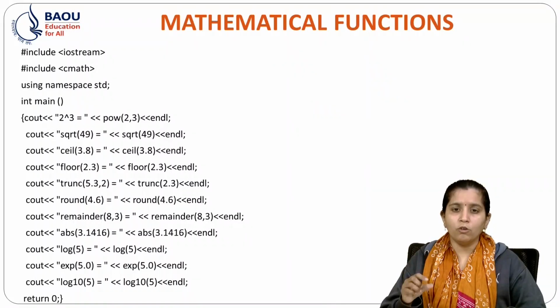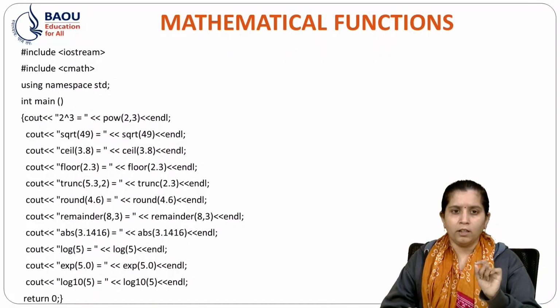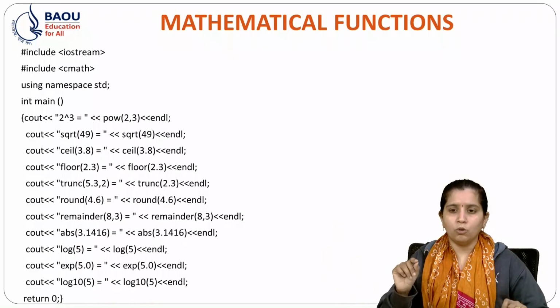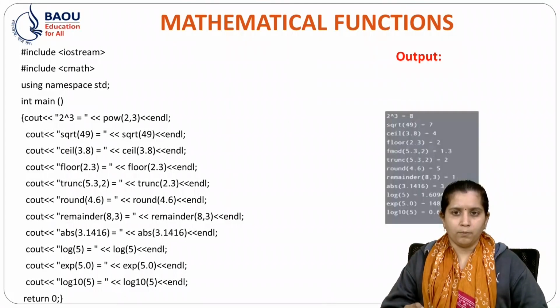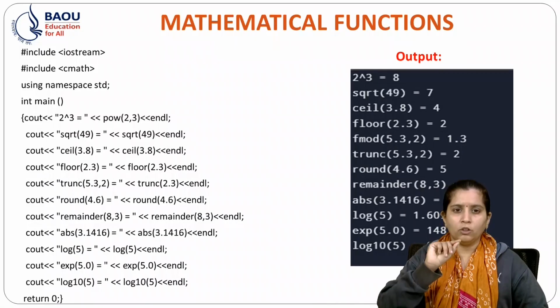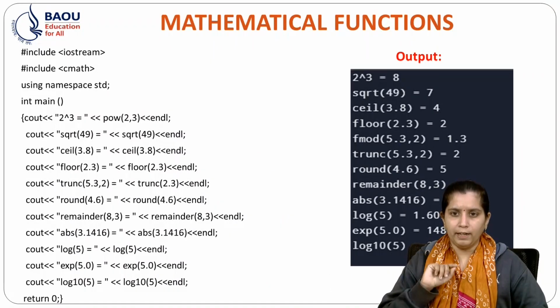Because we want to use mathematical functions in our C++ program. After that we have using namespace std. I have simply printed pow(2, 3), that is 2 raised to 3. So what will we get as output? 2 raised to 3 is 8.